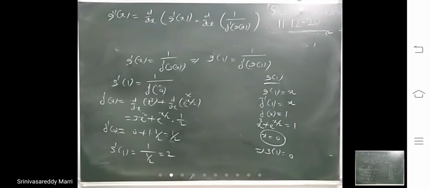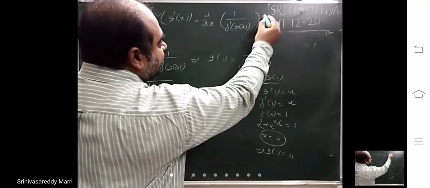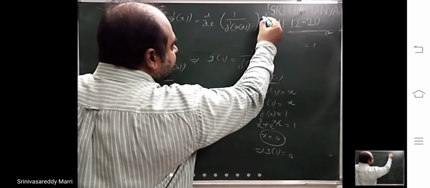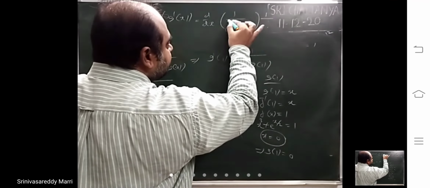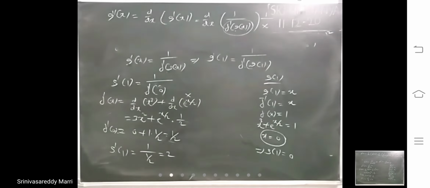Just substitute g dash x. Now I want to write d by dx of this. What I am assuming is this is 1 divided by this, and completely take that as capital X. That is of the form 1 by capital X.